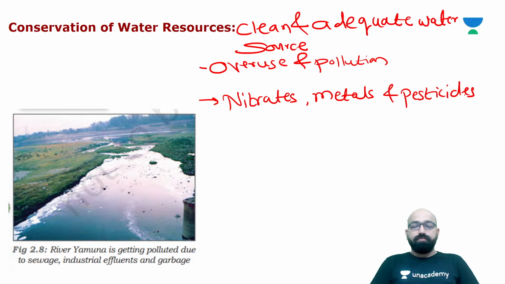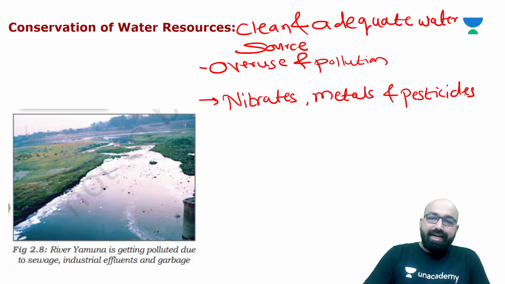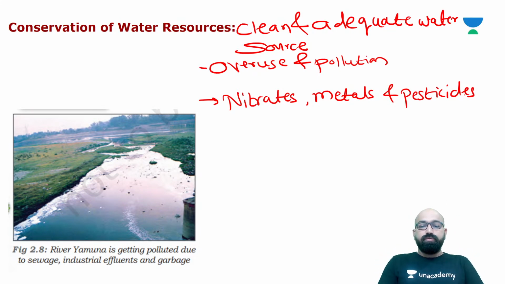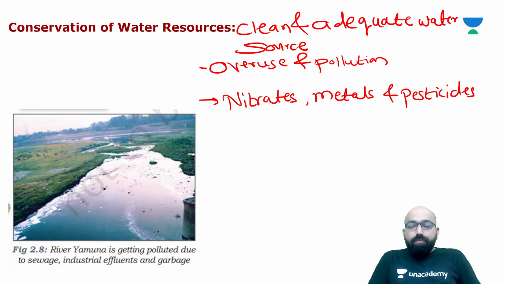So friends, most of these chemicals like nitrates, metals, pesticides are non-biodegradable and reach human bodies through water. Water pollution can be controlled by treating these effluents suitably before releasing them in water bodies.